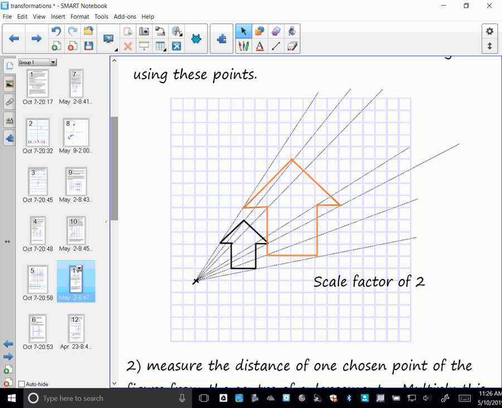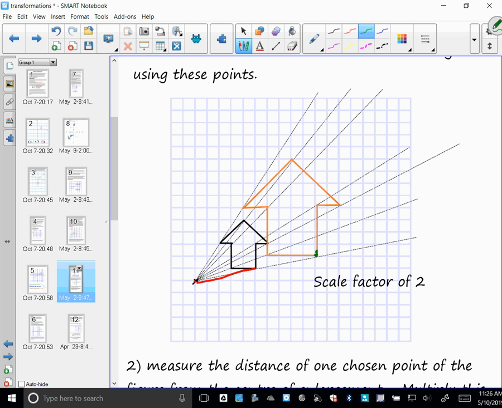So what you do is from your centre of enlargement, you draw lines going through each of the points of your shape. And then you would measure this distance, for example, that distance there. And for a scale factor of 2, you would then double it along that particular line to get to your image point.